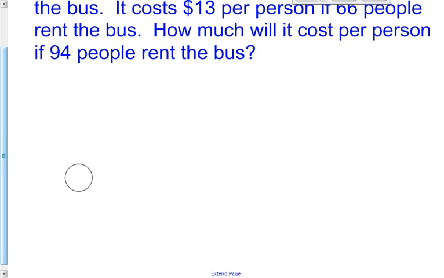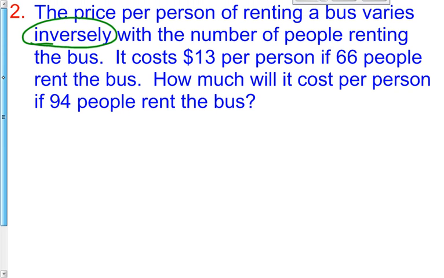That's what this problem is saying. Let's read it again. The price per person of renting a bus varies inversely with the number of people renting the bus. It costs $13 per person if 66 people rent this bus. How much will it cost per person if 94 people rent the bus?